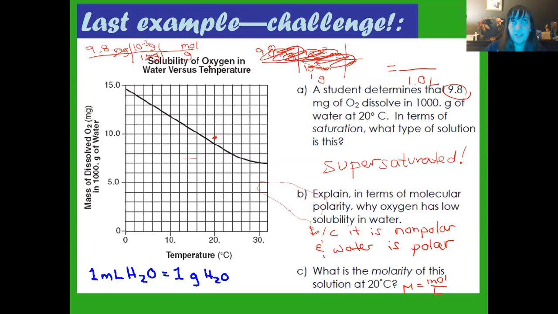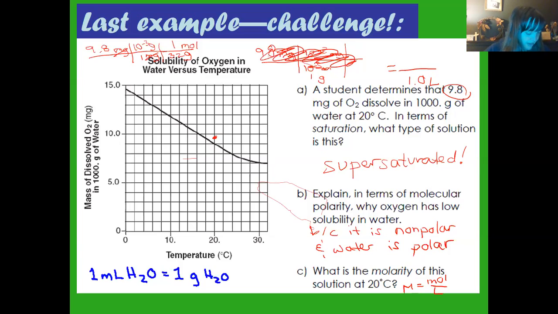So for oxygen, O2, each oxygen atom is 16, so that would be 32 grams per mole. So we'll do 9.8 times 10 to the negative 3, oops, I did times 1,000 instead of times 10 to the negative 3.